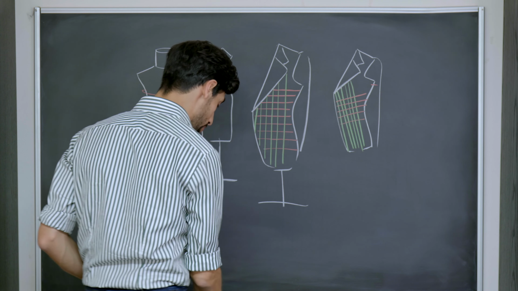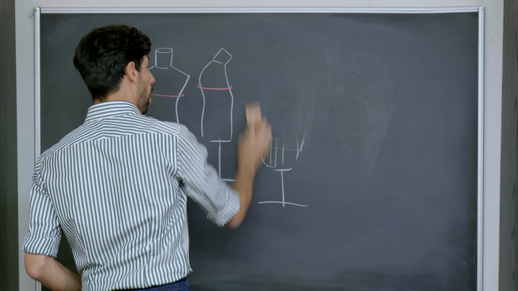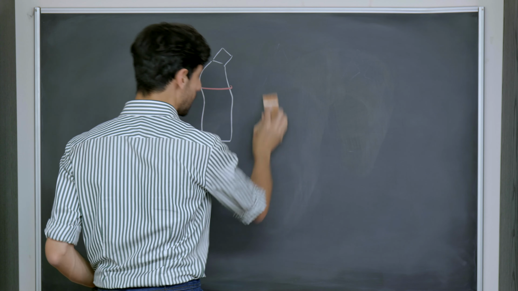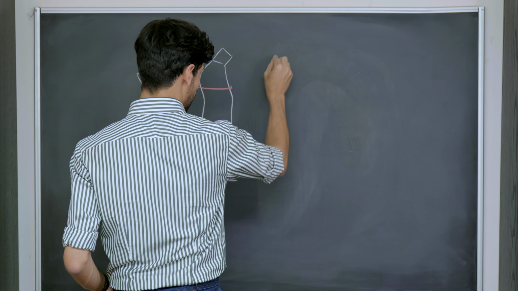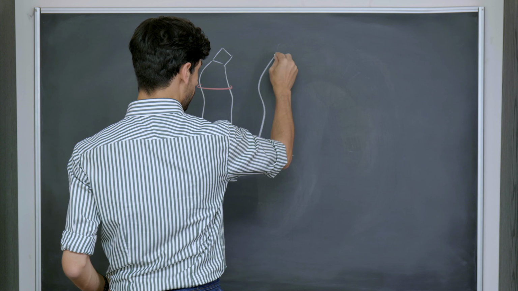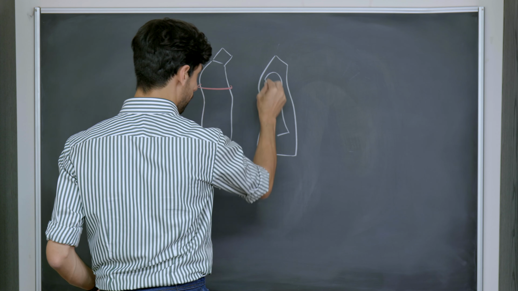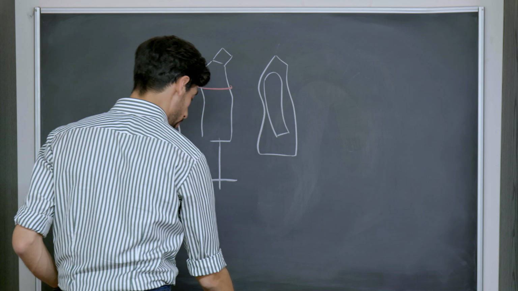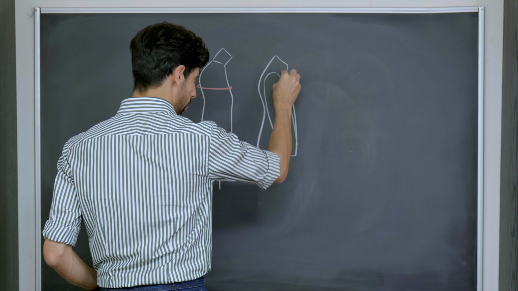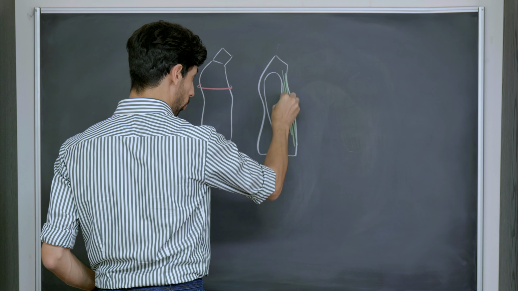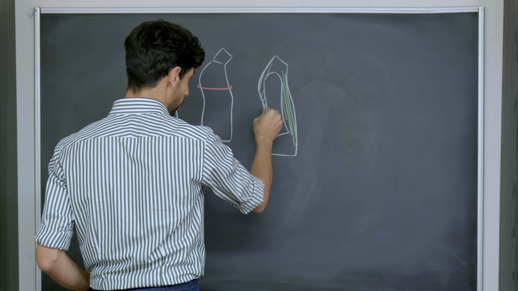Now this becomes really problematic when we're trying to match the checks of the front panel to the sleeves all the way to the back panel. So imagine we have a beautiful jacket and we have the sleeve, but we have ignored the construction lines, and now we have the stripes of our front panel go in one direction and the stripes of our back panel go in the other direction.